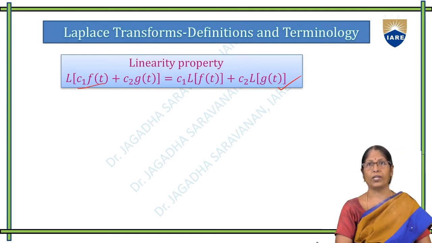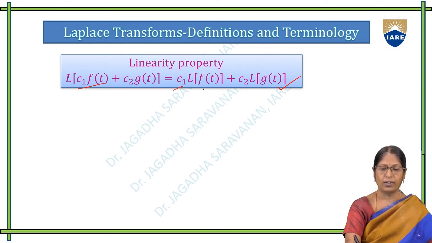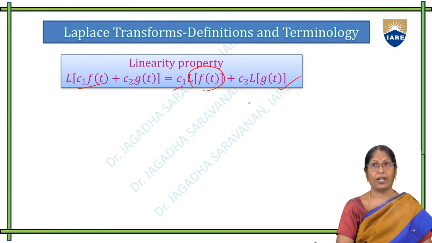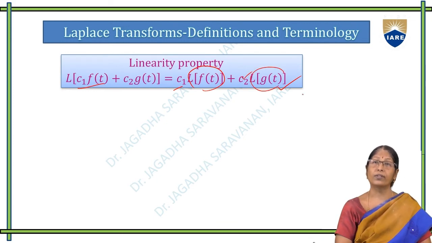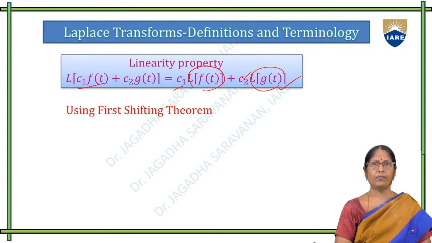C1 f of t plus C2 g of t is nothing but C1 times the Laplace of the first function plus constant C2 times the Laplace of the second function. Our first function is f of t, the second function is g of t.